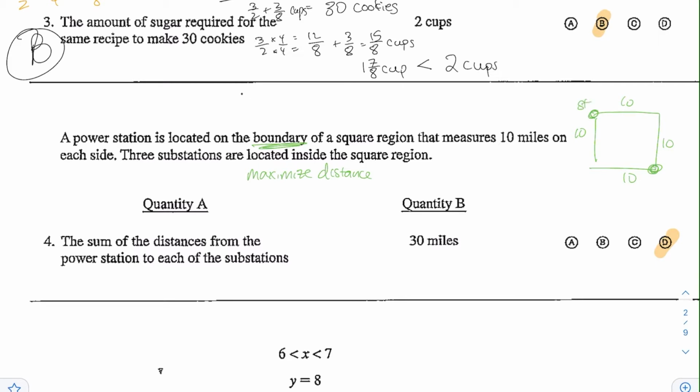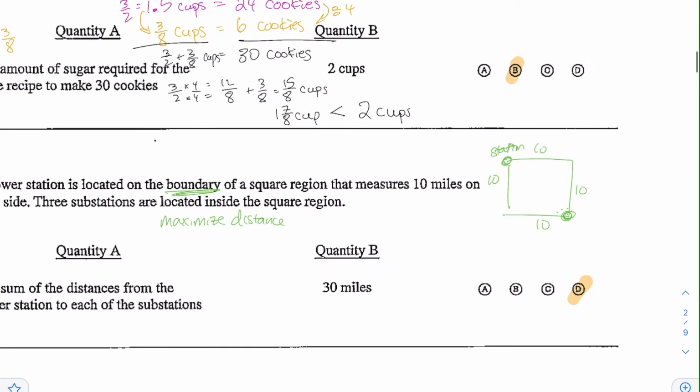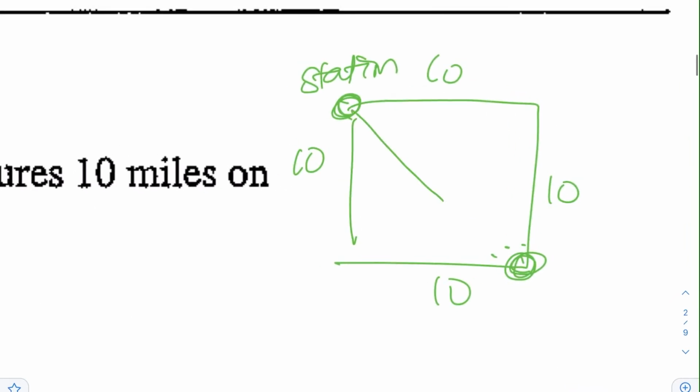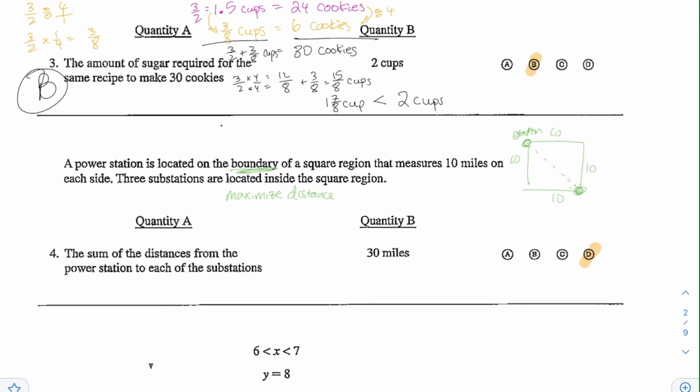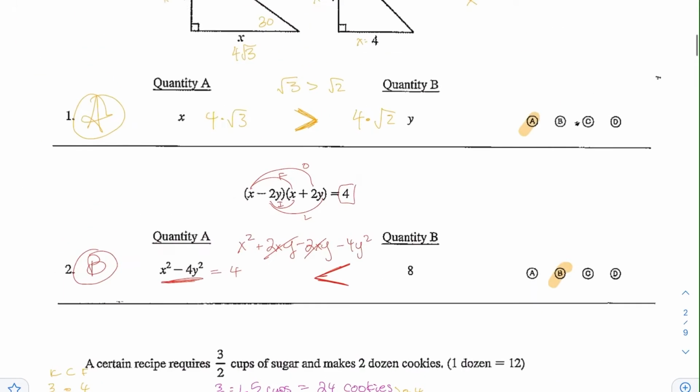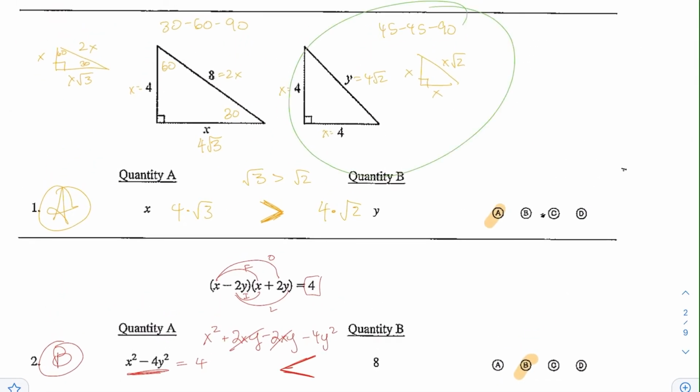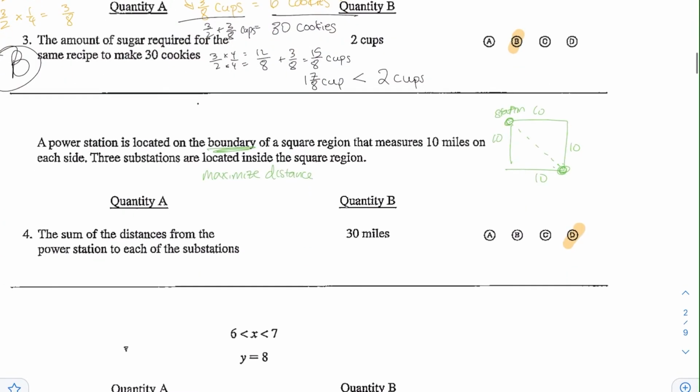So if the station is on one side, the 3 substations can be really close to the opposite end, and that means you have to end up adding 3 really long distances that are close to the diagonal, which is really the hypotenuse of this 45, 45, 90 special right triangle.